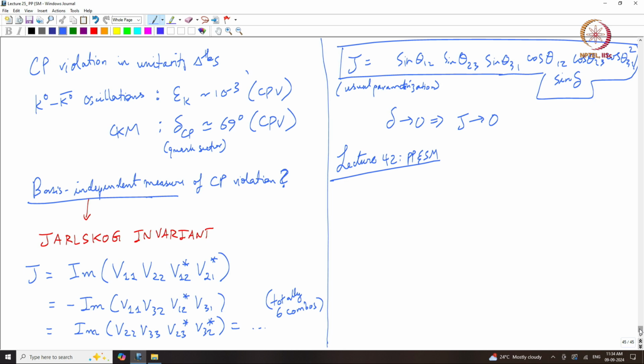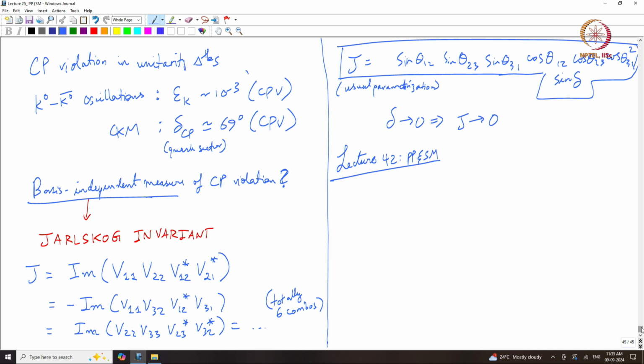Earlier we had seen you could write this as a CKM phase, as a delta CP, or in terms of this epsilon in KK oscillations and other meson oscillations, but all of these depend on some sort of parameterization that you had to put in, right. So, it would be nice to have a measure of CP violation in the weak sector that is independent of all this, so that we really see how much CP violation there actually is. That really is the amount of CP violation in nature. Okay.